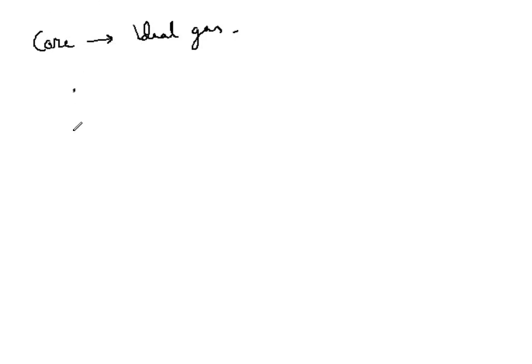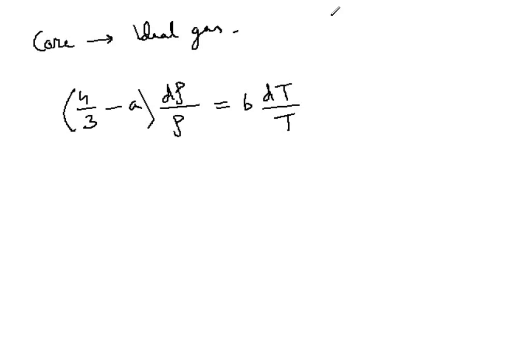Now before that, let me again write down this equation. You remember this, we derived it during our discussion on thermal instability regarding the change in density and temperature, and this was a generic equation. Now in this generic equation that we have derived for the ideal gas, let us put A is equal to 1, as we discussed previously, and B is equal to 1.